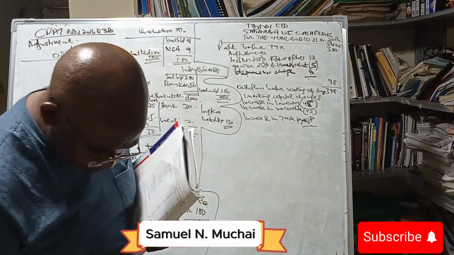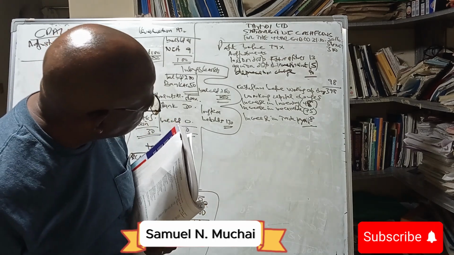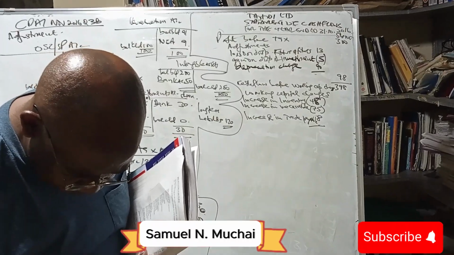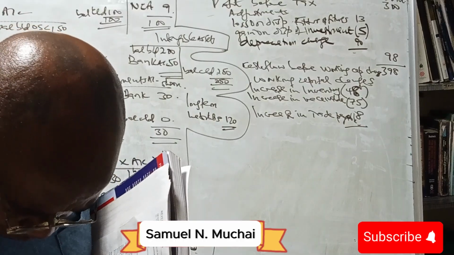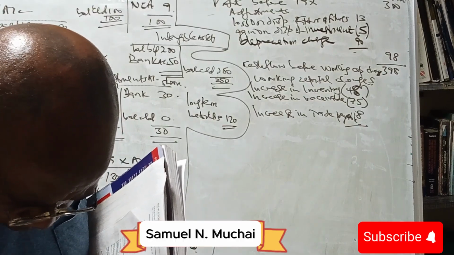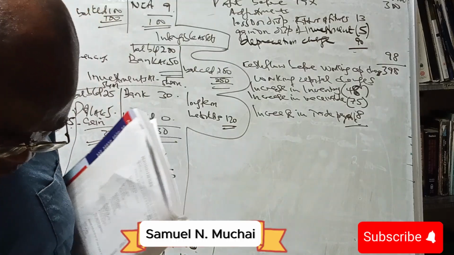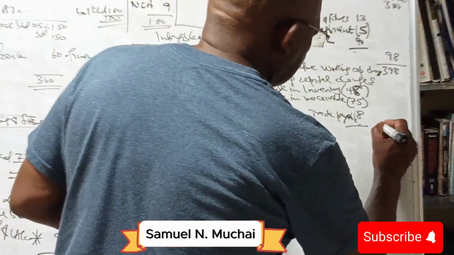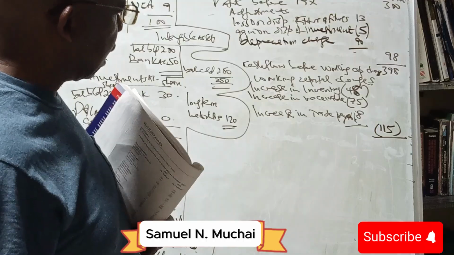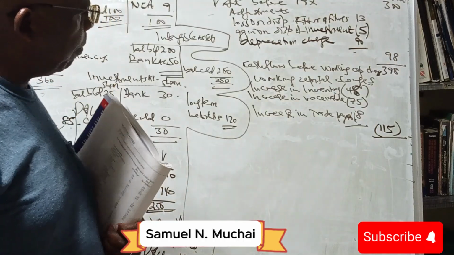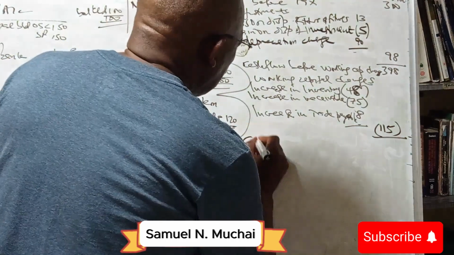So you add them: minus 48, minus 75, you get minus 123, you add 8, and you get minus 115. You bracket it, and we get the cash flow after working capital changes.